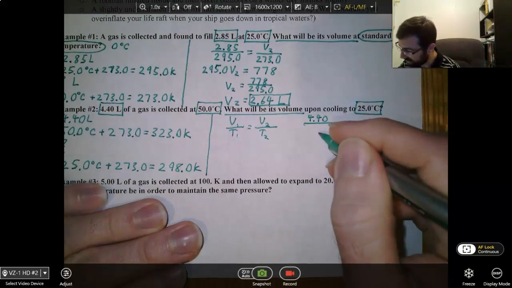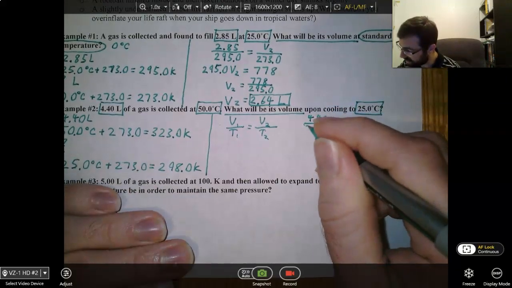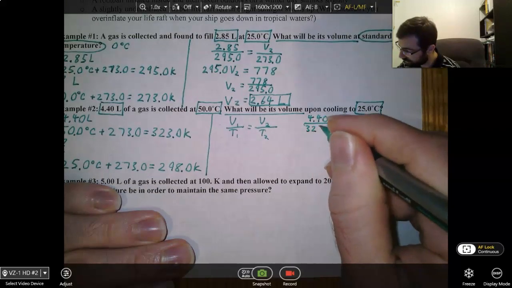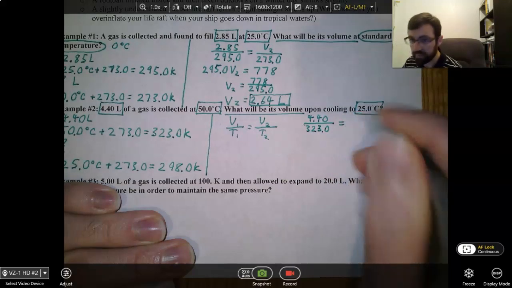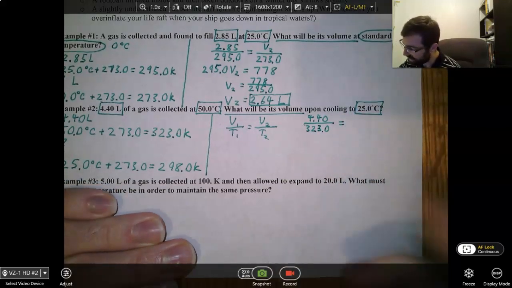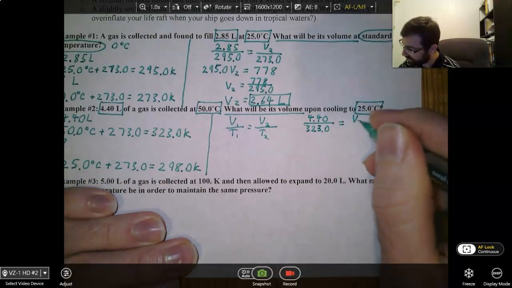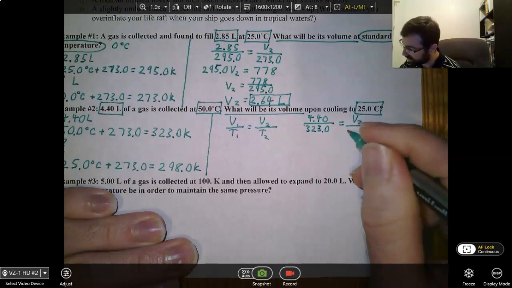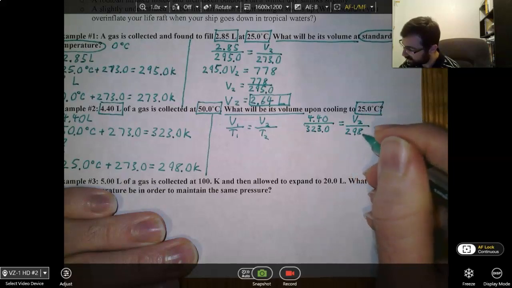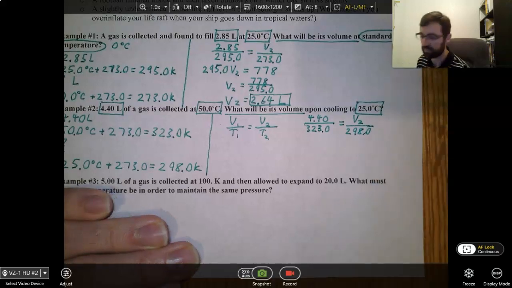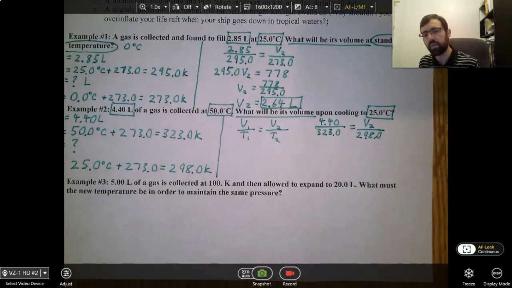T1 in Kelvin is 323.0. Over here I've got V2, which is my unknown, and then T2 is 298.0.